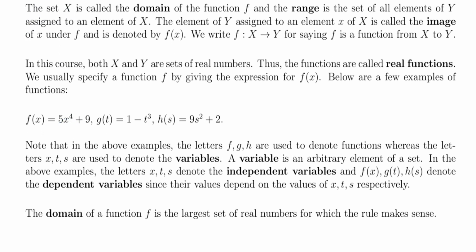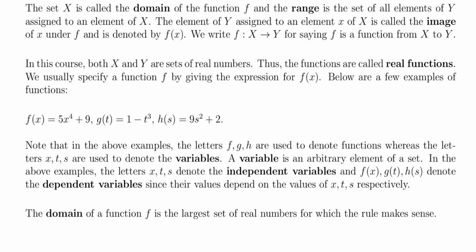So the element y assigned to an element x of big X is called the image of x under f, and is denoted by f of x. What is happening here is we take a point, let's say we take 2, a value of x, and put it in a certain equation to produce y.